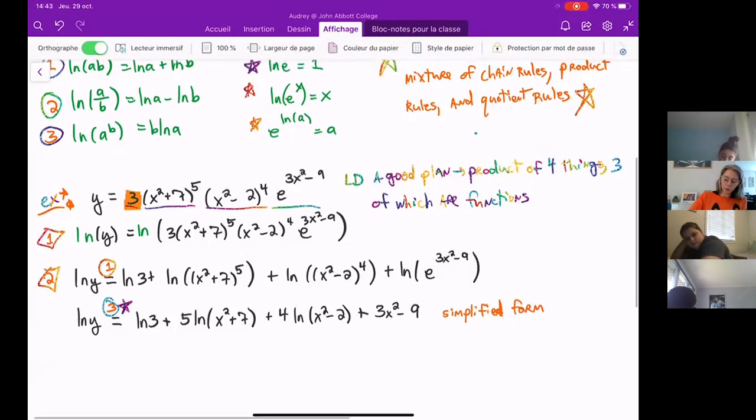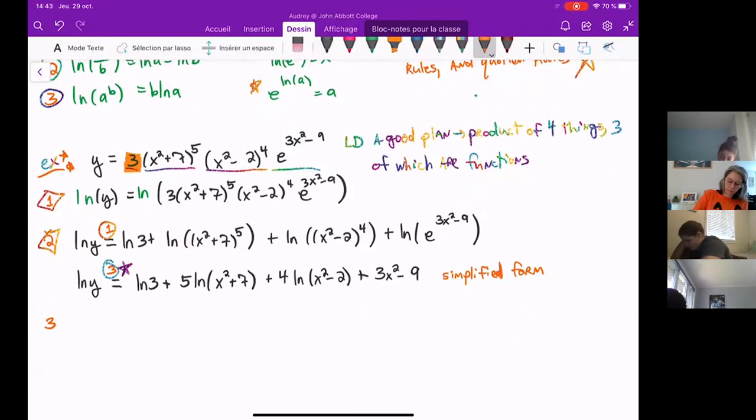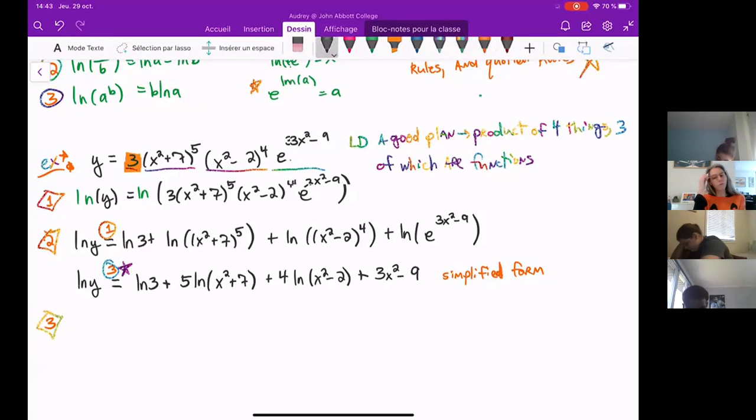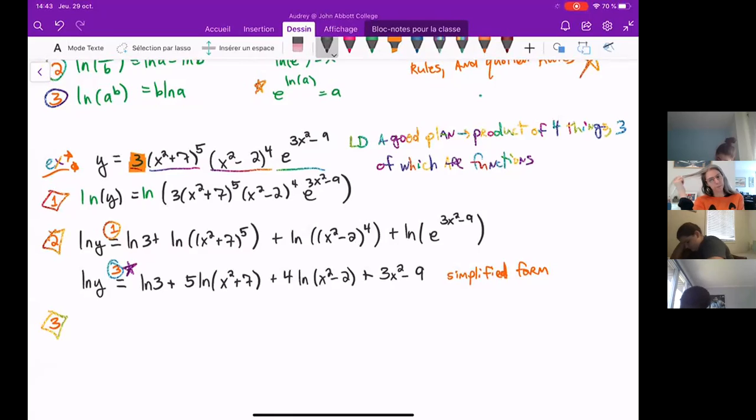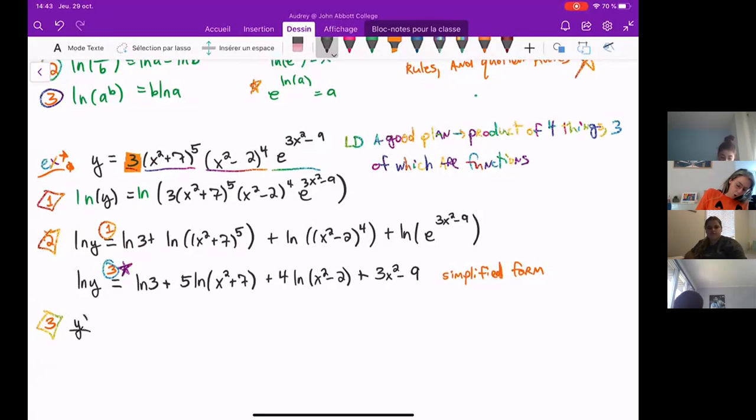So now we take the derivative. What is the derivative of ln y? You got it. We have y prime over y here. What's the derivative of ln 3? You got it.